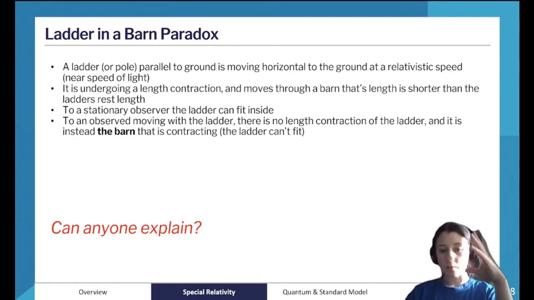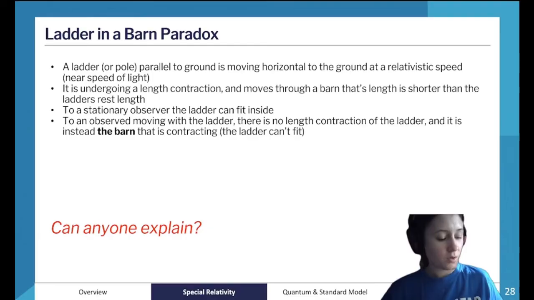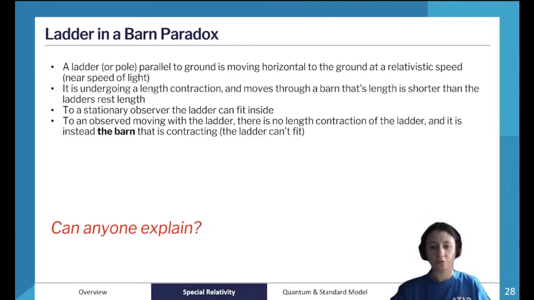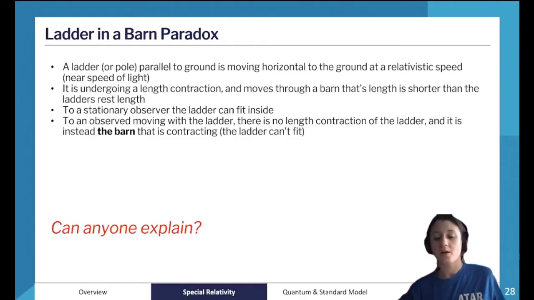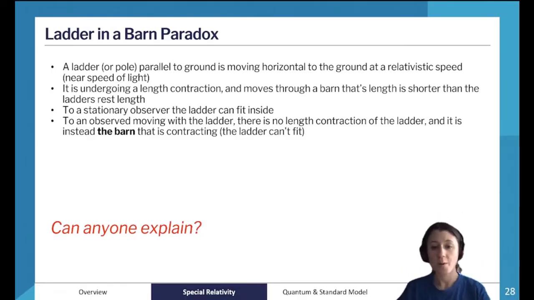So the next complicating factor is that we have two doors on either side of the barn. Alright? So the runner is running through the two doorways, and she is seeing two doors on either side of the barn. From her perspective, when she's running through, the doors are not closed at the same time because she can't fit inside the barn.